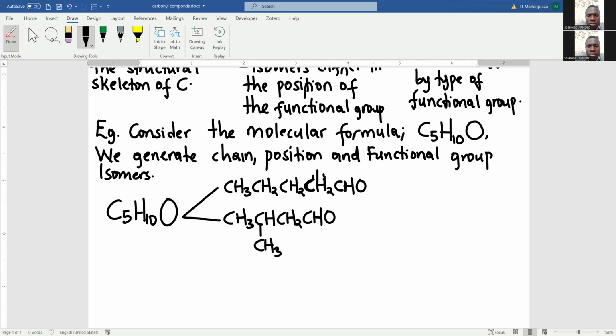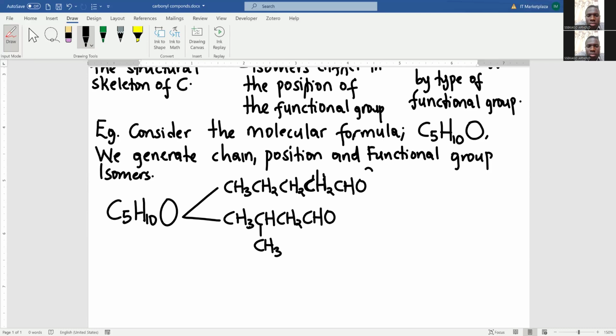You can see that there are 5. You can as well count the hydrogen atoms, 1, 2, 3, 4, 5, 6, 7. Yeah, so we can also have this one.